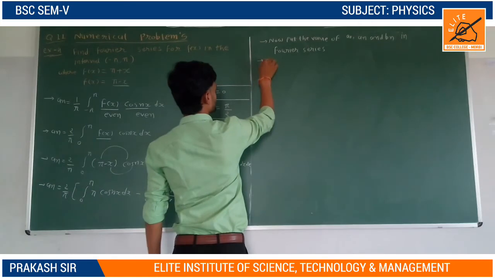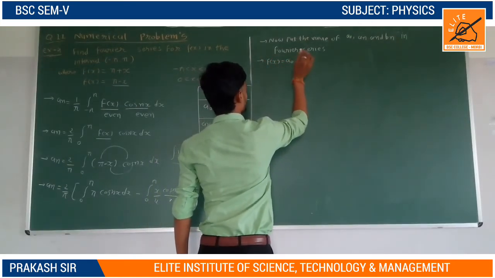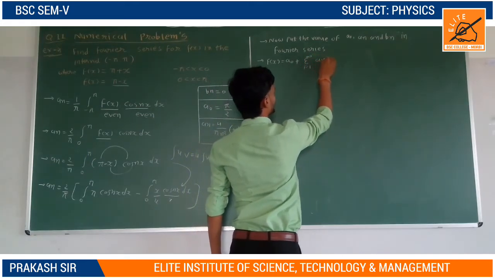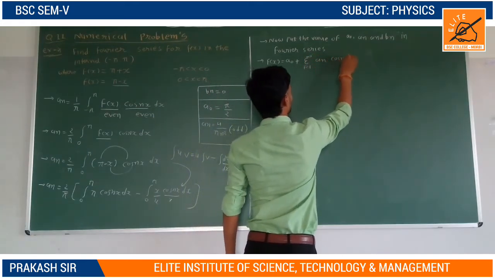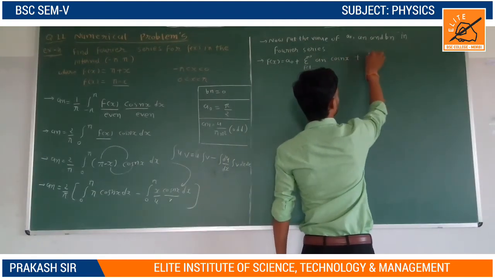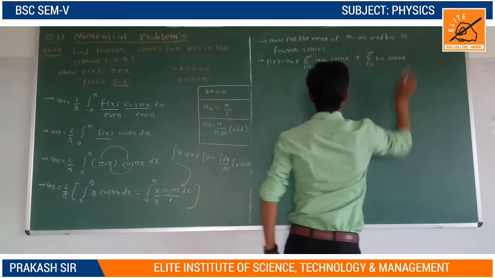Fourier series is f of x is equal to a0 plus summation of 1 to infinity an into cos nx plus summation of 1 to infinity bn into sin nx.